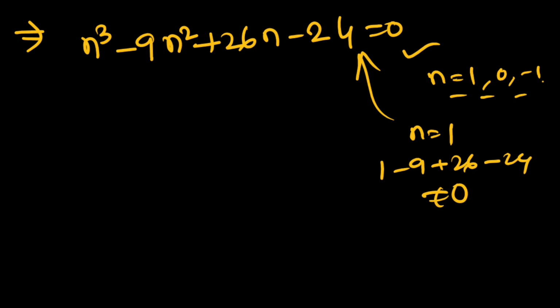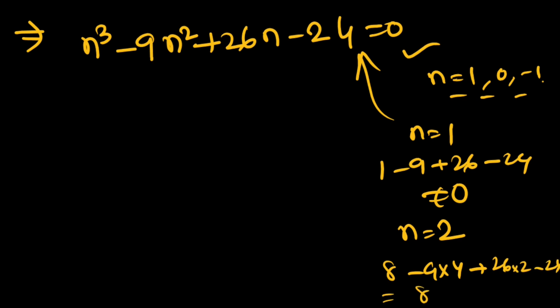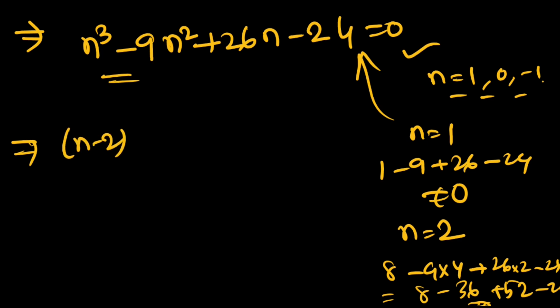So we check another value of n. Suppose n is equal to 2, that is 8 minus 9 into 4 plus 26 into 2 minus 24, that is 8 minus 36 plus 52 minus 24, which is actually 0. So n equal to 2 is a solution of this equation, that is, n minus 2 is a factor of this equation.